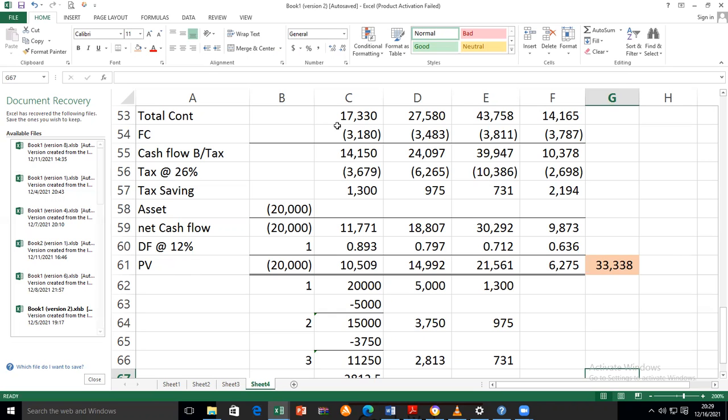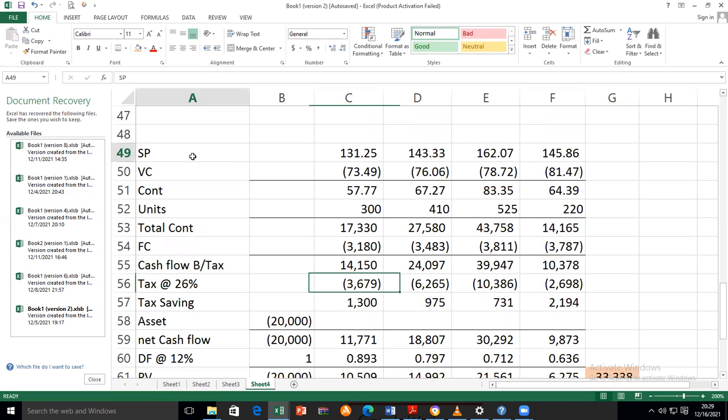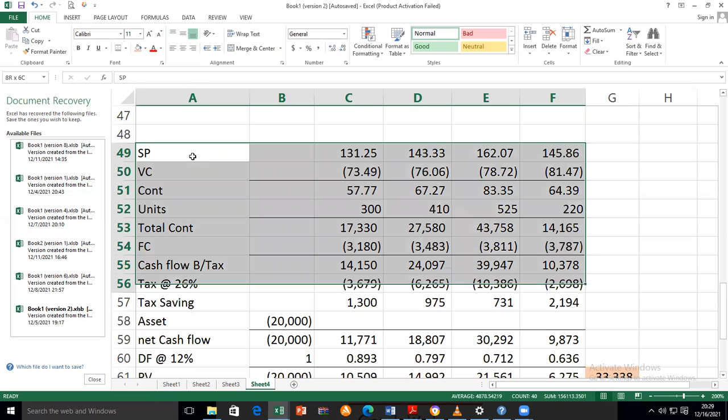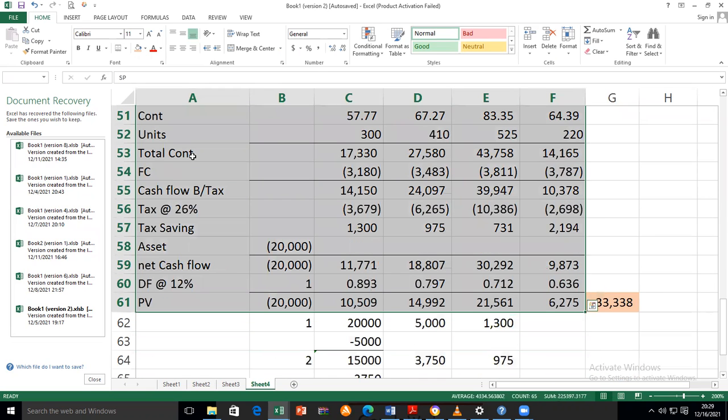Let's now ignore inflation. Now the good news is that you've got all the figures already.